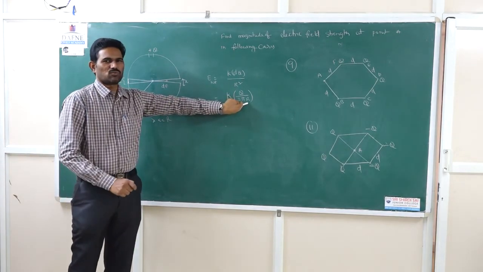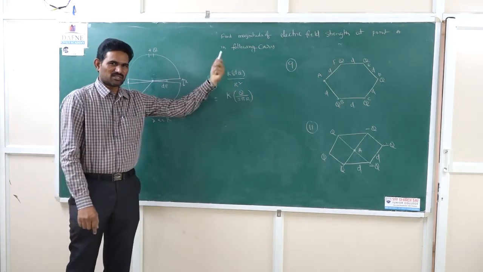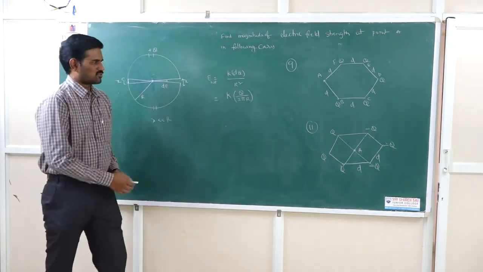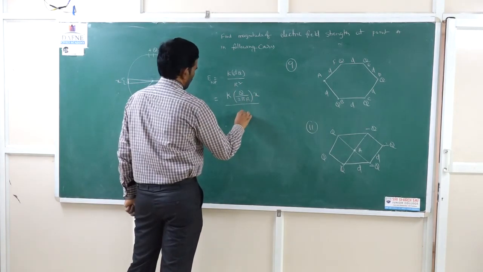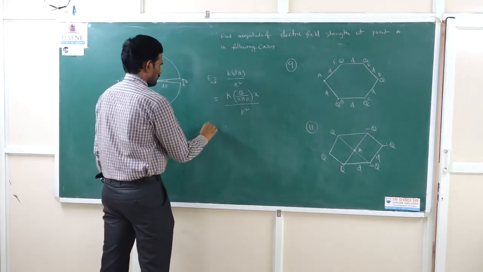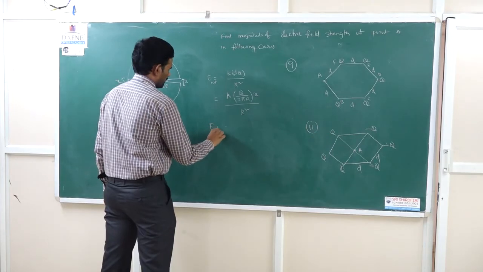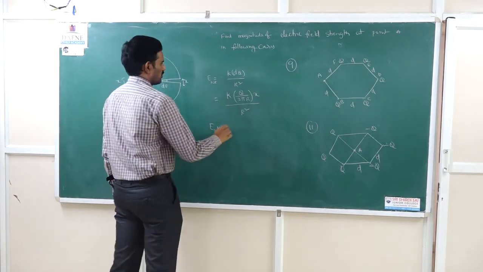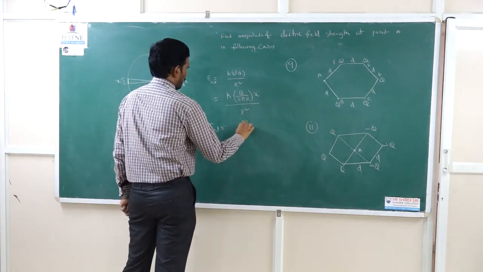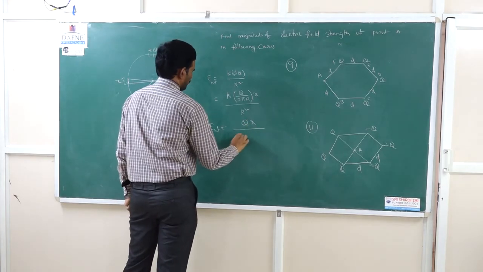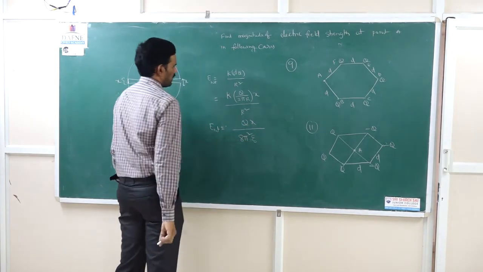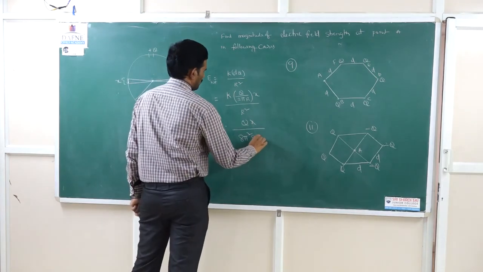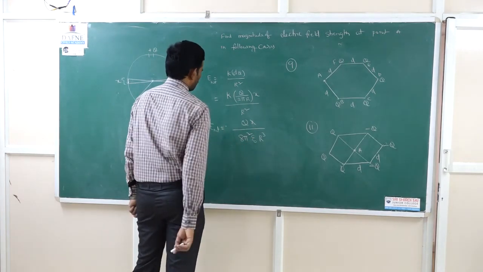Actually we need to write 2 pi r minus x, but x is very small, so you can take it as 2 pi r, into x by r square. Finally I can write the electric field as E equal to q x by 8 pi square epsilon naught r cube.